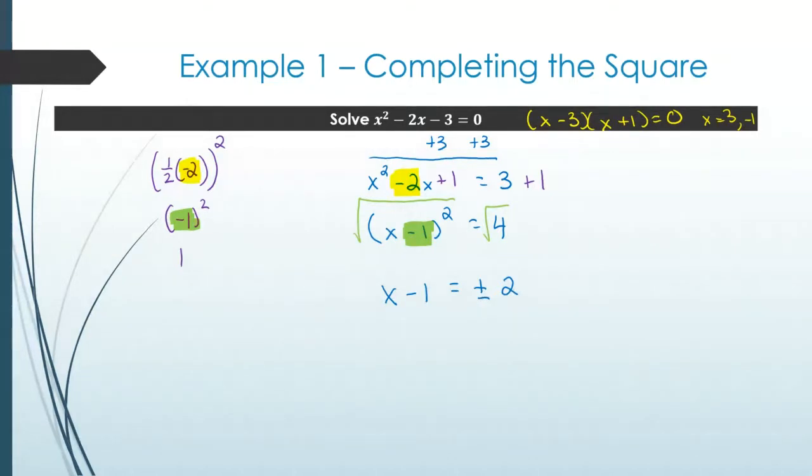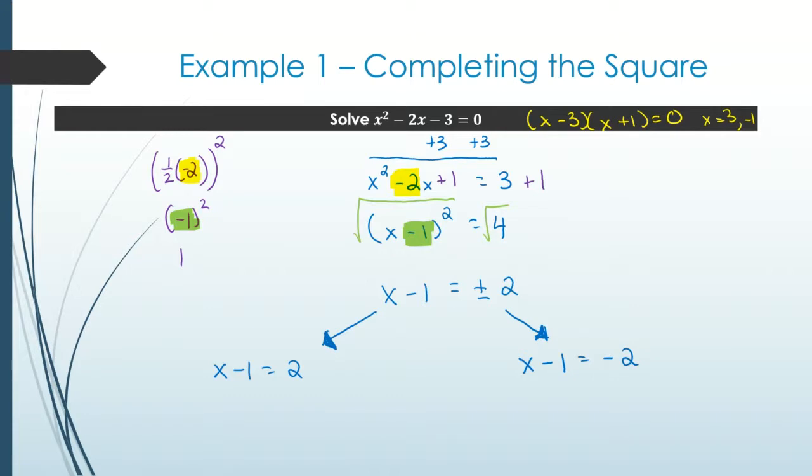So I said in my video from yesterday that when you have the plus or minus, we can work with some shorthand and write it in one form, but you really want to write it in 2 separate equations because it can lead to some errors otherwise, and when you get to the quadratic formula, you'll have to. Well, you also have to do it with completing the square. So I'm going to have x minus 1 equals 2, and x minus 1 equals -2.